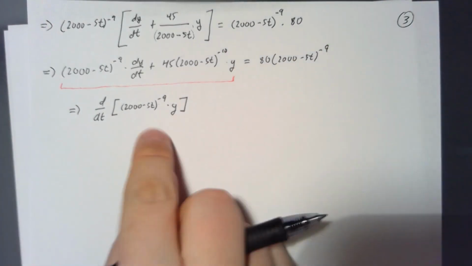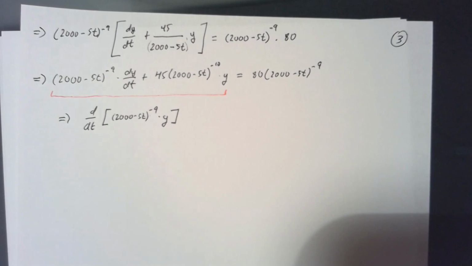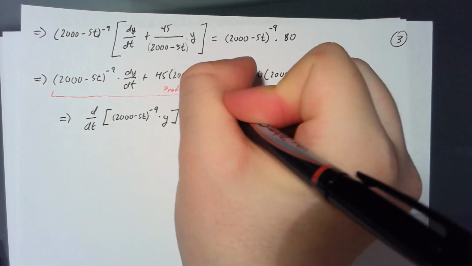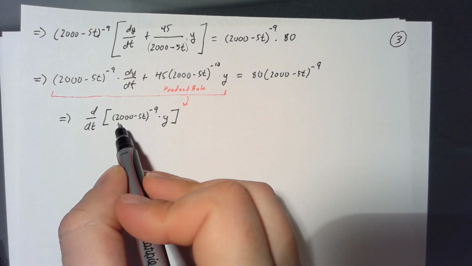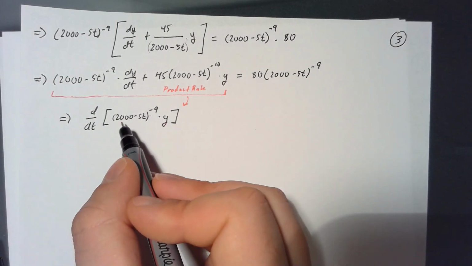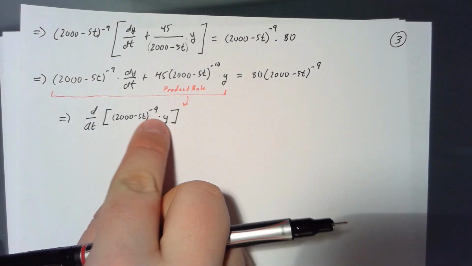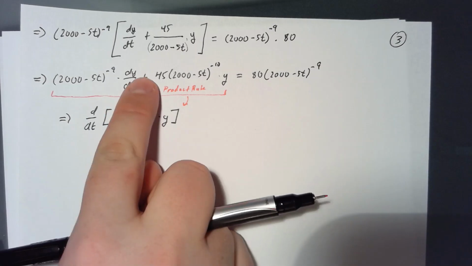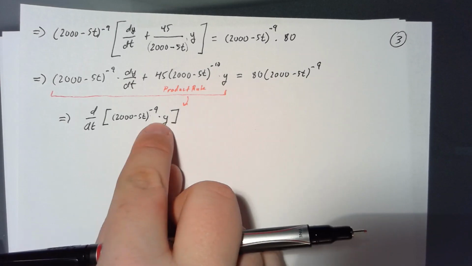Remember in the previous section when we solved these things, I talked about it there. So this right here is the product rule between those two. And if you're not convinced, go through it. High d low plus low d high. This is the high term, times d low. What's the derivative of y? dy dt.